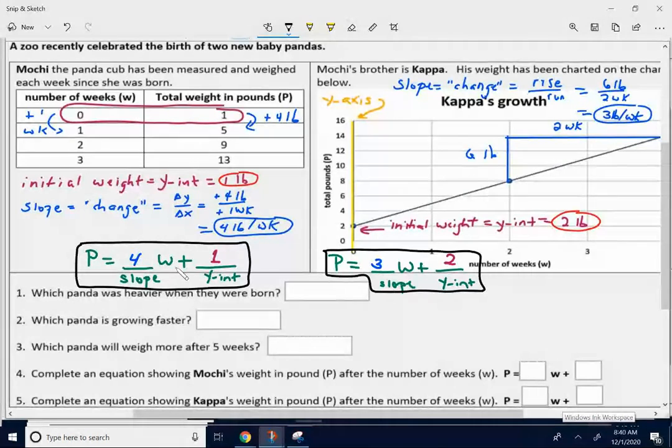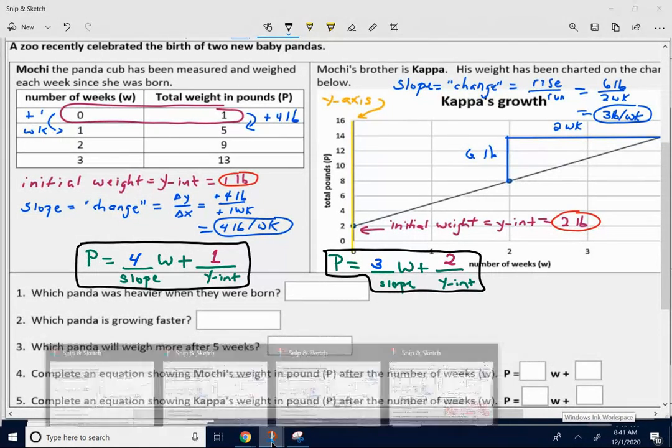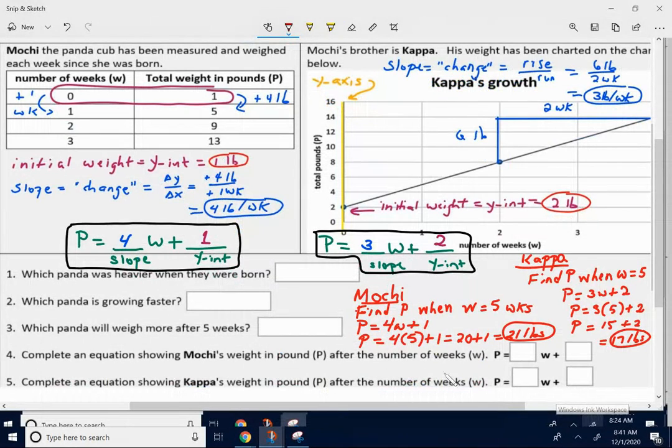So if we want to know how much each panda weighed at 5 weeks, all we have to do is take the equations, replace weeks with 5 and solve for pounds, P. Let me show you that. For Moki, the equation was P equals 4W plus 1.